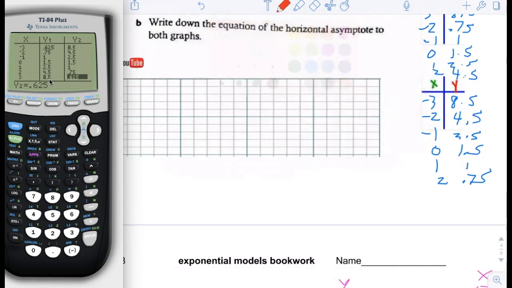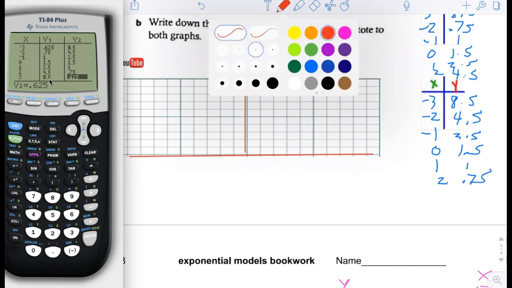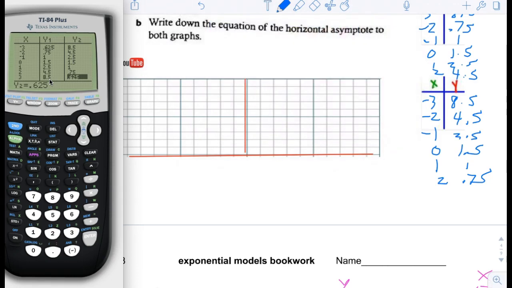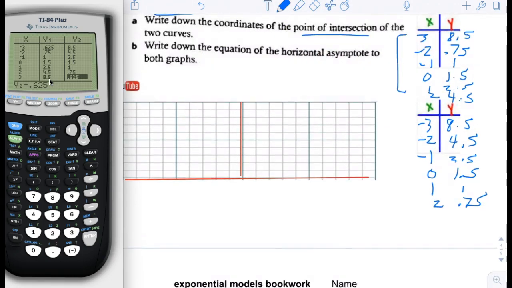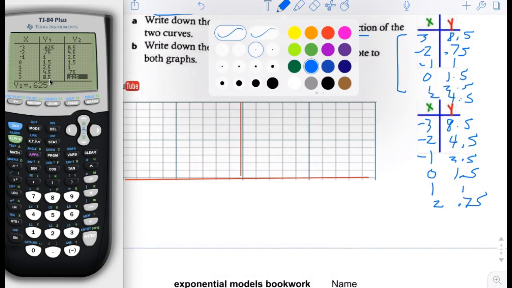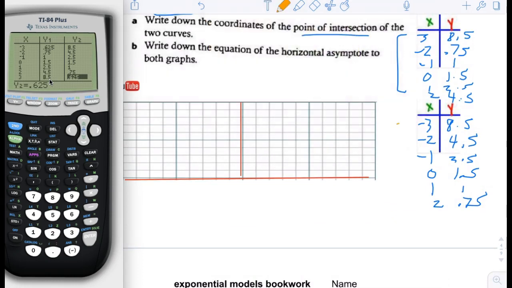There are no negative y values, so I'm just going to put the x-axis here, and I'm going to put the y-axis here right in the middle. And then first I'm going to graph this function in blue, and then I'm going to graph this function in orange.